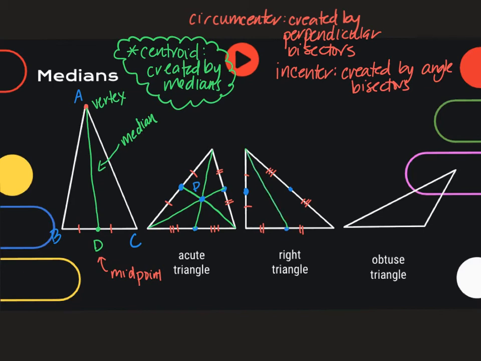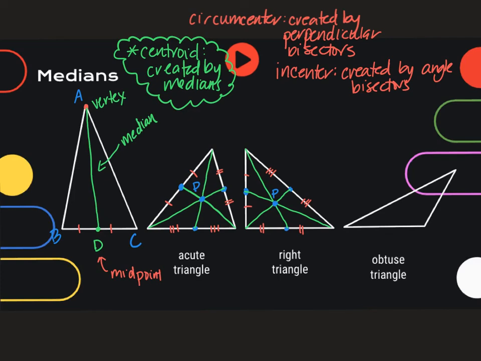Just connect the two of those, vertex to the midpoint. And they intersect here at point P. So notice how in the right triangle, the centroid also intersects inside the triangle.